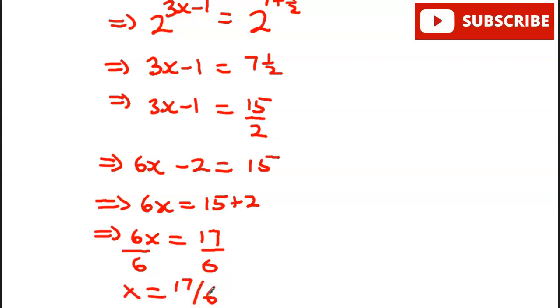From the blocks, you don't leave your answer in improper fraction. So therefore, 6 will go into 17 2 times. That is 12. 17 minus 12 will be 5. So 2 whole number 5 on 6. That is our answer.